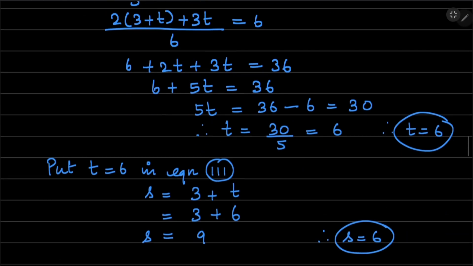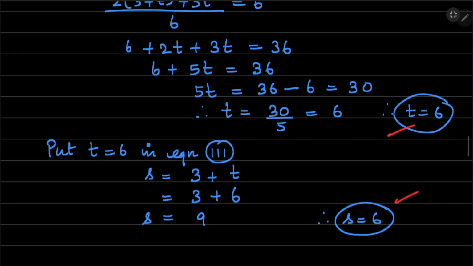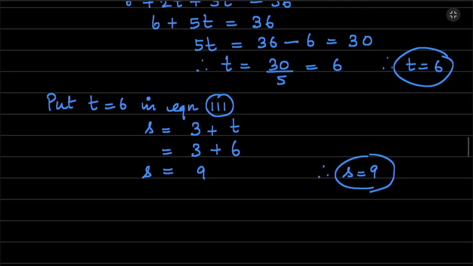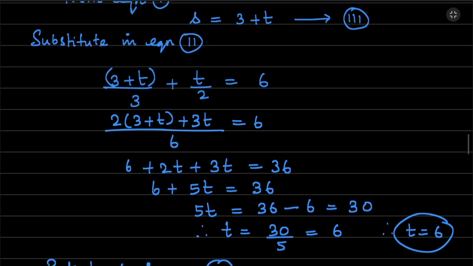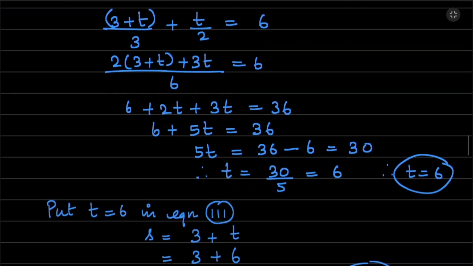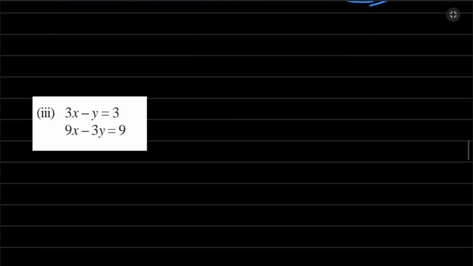So here s is equal to 9 and t equal to 6. These are the final values. And here we are specifically using the substitution method in order to get to the solution.